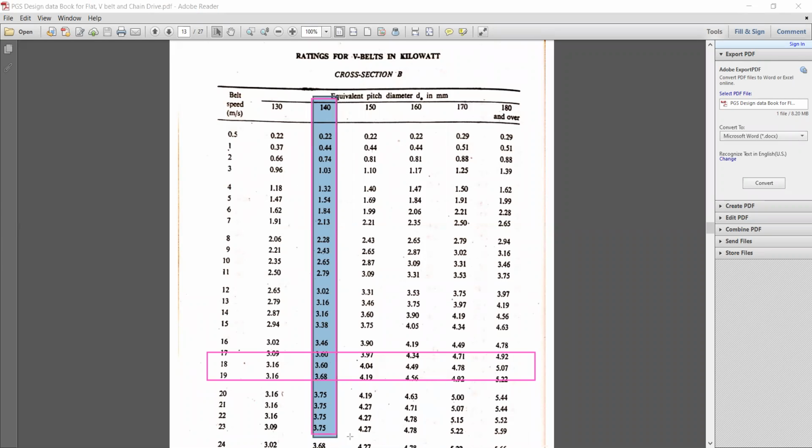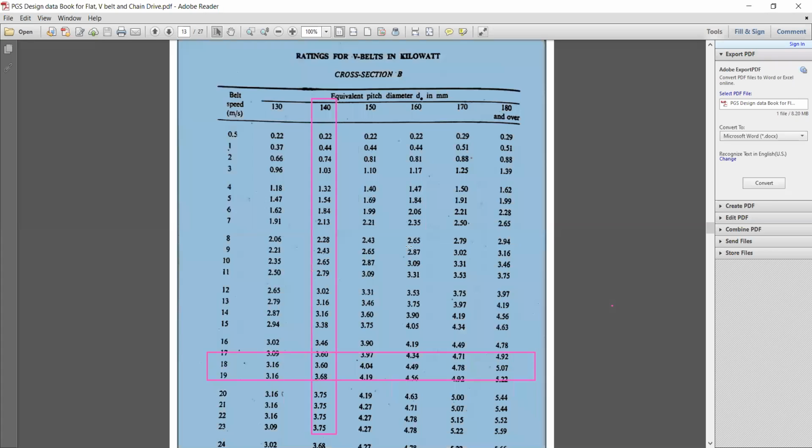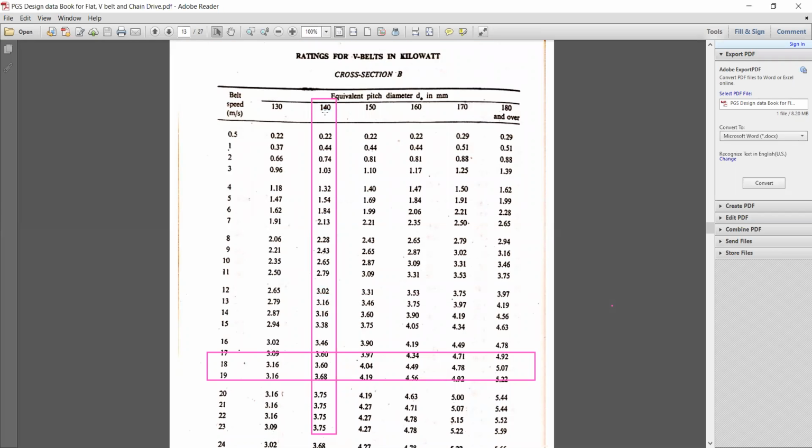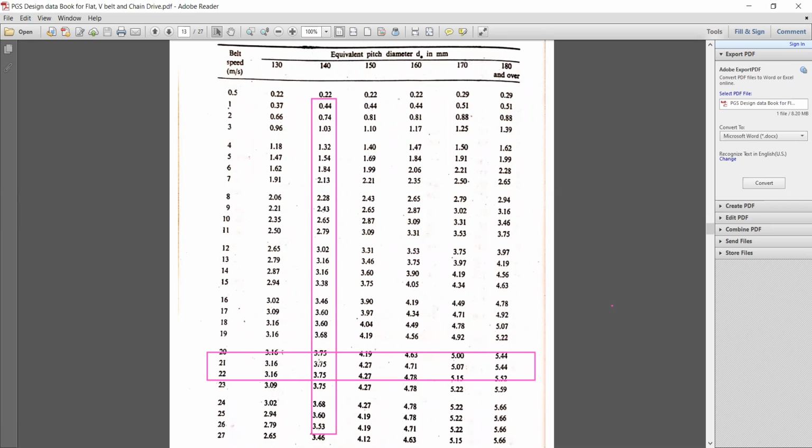So here the value of the pitch diameter, which is 140. So what we get, the exact equivalent power rating in kilowatt is equal to 3.75, that is this one value, 3.75 kilowatt. That power rating we have selected.